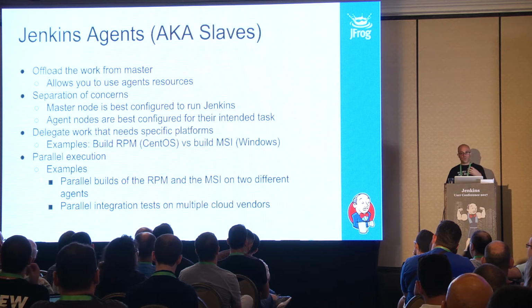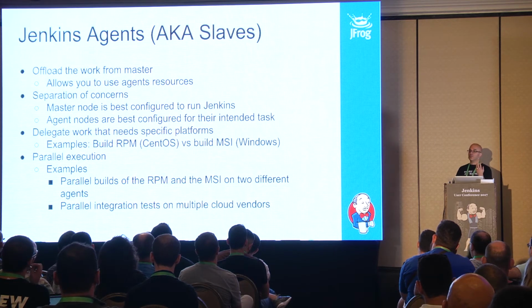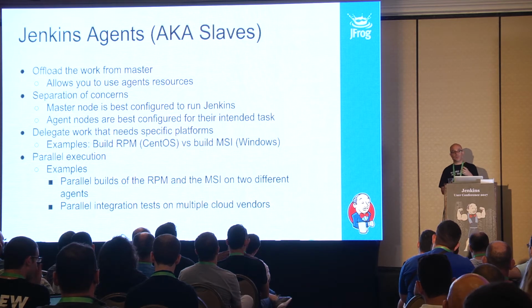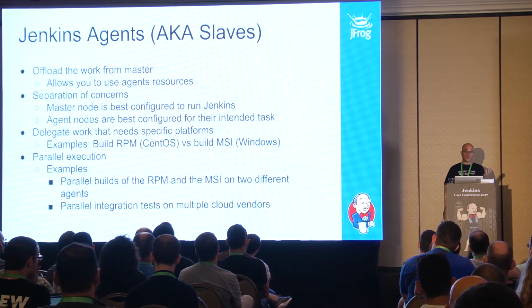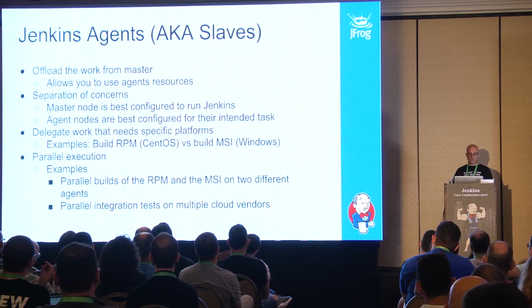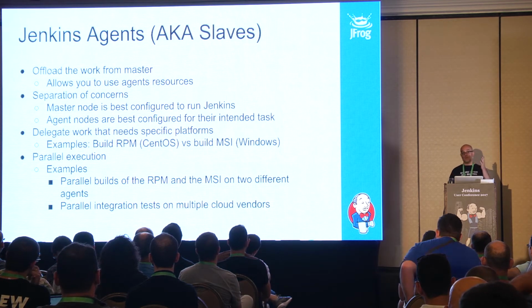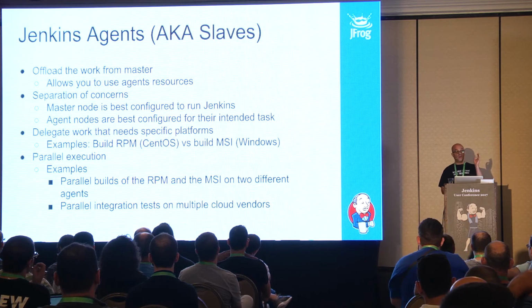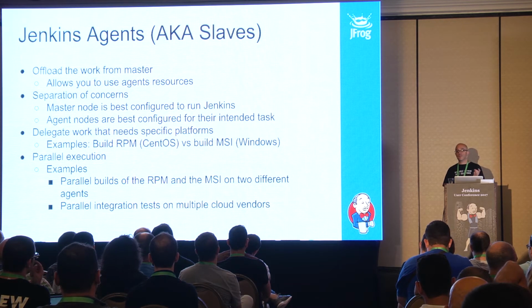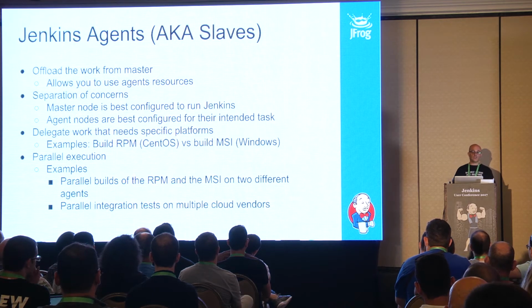With the use of agents, you can do a separation of concerns. You can keep the master, or the Jenkins, just to run Jenkins itself. It has no need to be a very strong server. And the agent nodes are best configured for their intended tasks. So you can have a Windows agent, you can have a Linux agent, you can have different flavors of Java agents, and each one for their intended role.